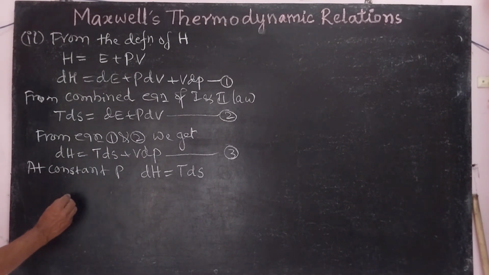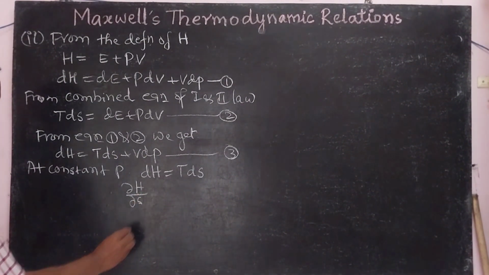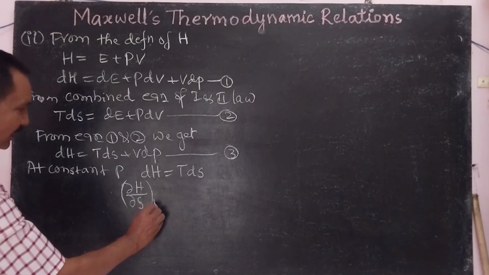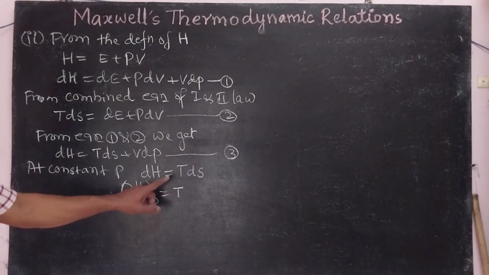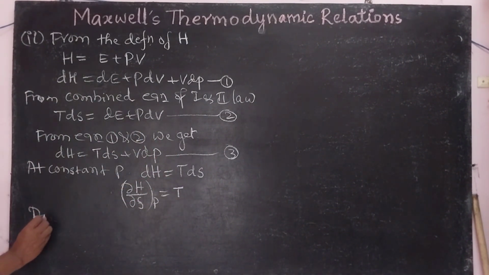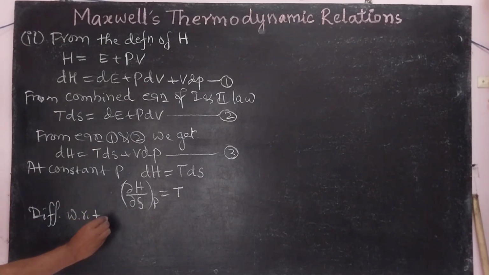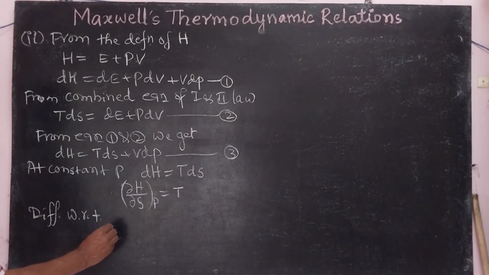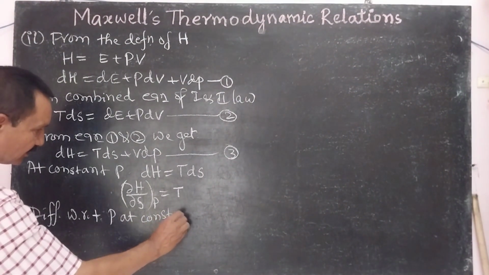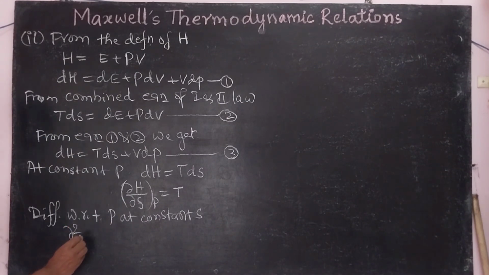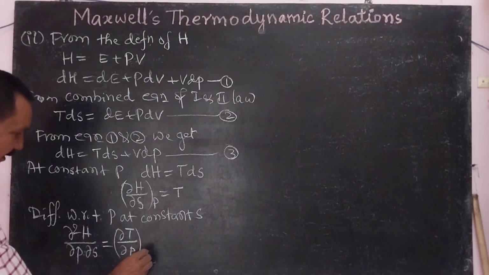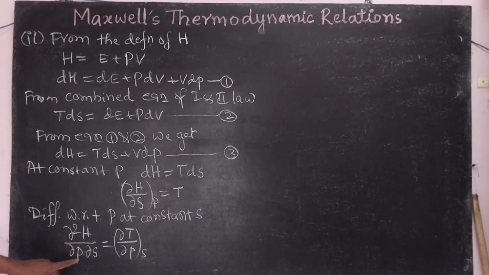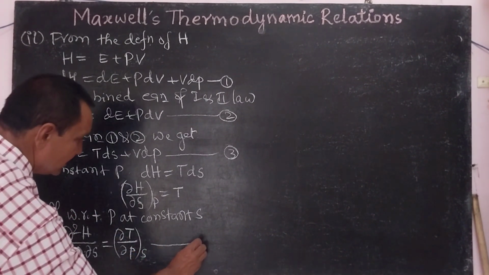On rearranging this, we get dou H divided by dou S at constant P is equal to T. Now, let us differentiate this with respect to P at constant S. What we get is d square H divided by dou P dou S, which is nothing but dou T divided by dou P at constant S. Suppose this is equation 4.